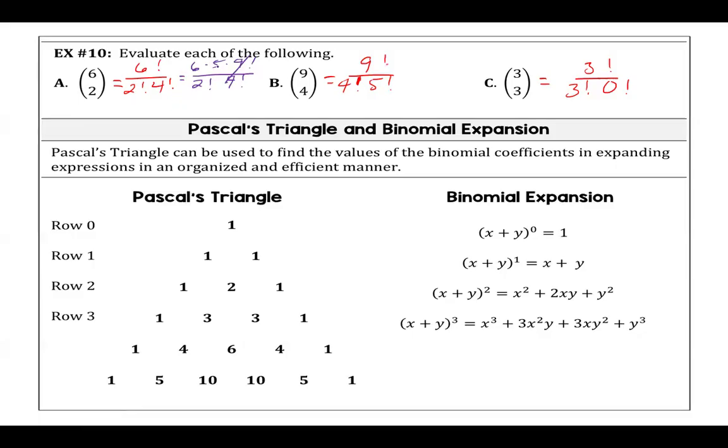I write out 6 times 5, but once I get to the 4, I just write 4 factorial. Now I have it in the numerator and denominator, so I can eliminate it. After that I have 6 times 5, which is 30, over 2 factorial, which just means 2 times 1, which is 2.